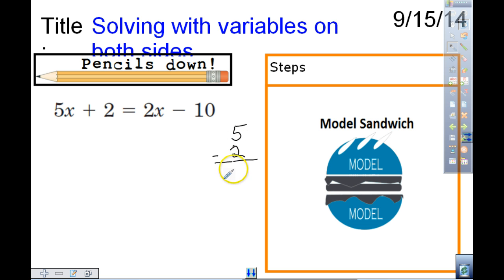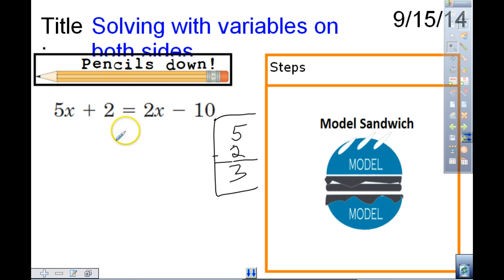What's the answer? 3. And where do you write that answer? Directly underneath. That's the only principle I'm going to have you guys use. When you do a calculation, you write the answer directly underneath. If you follow that, then you'll be fine.